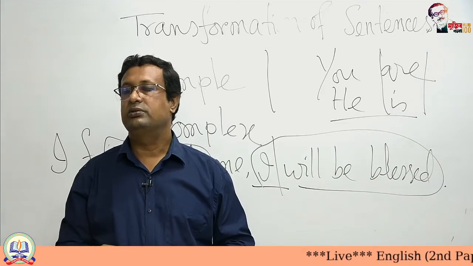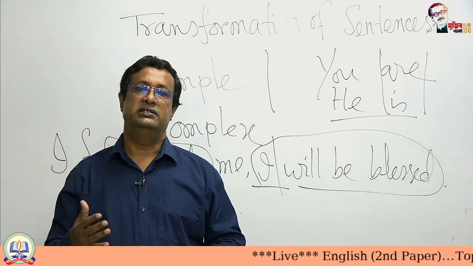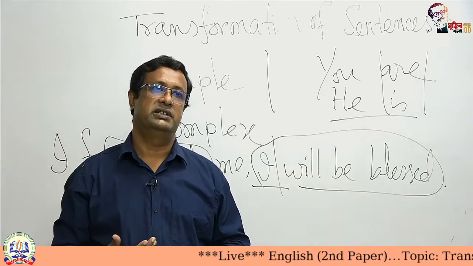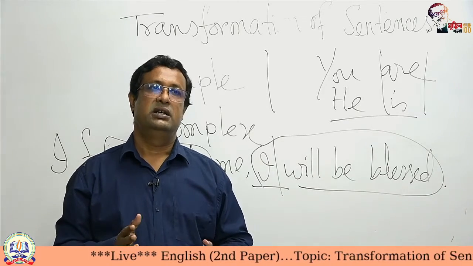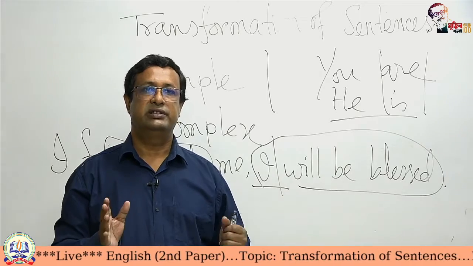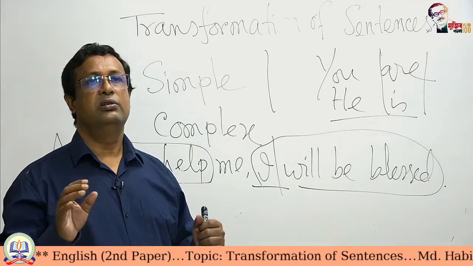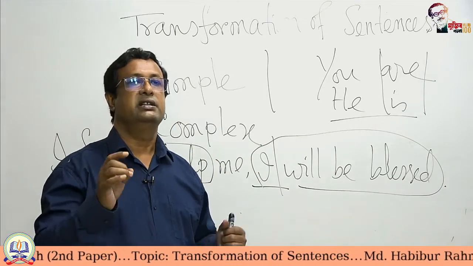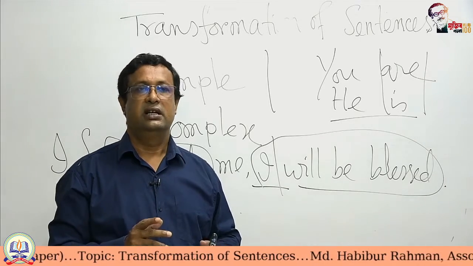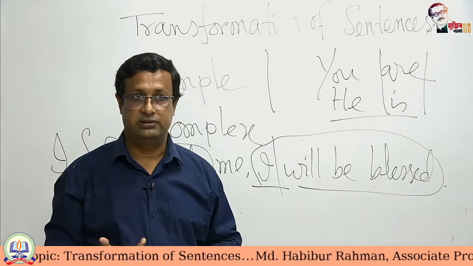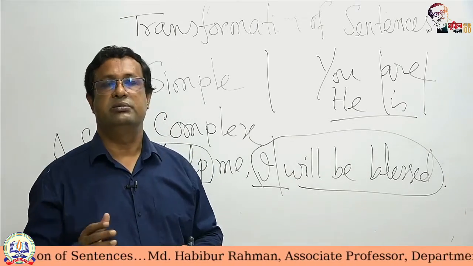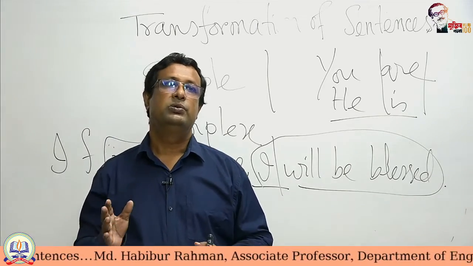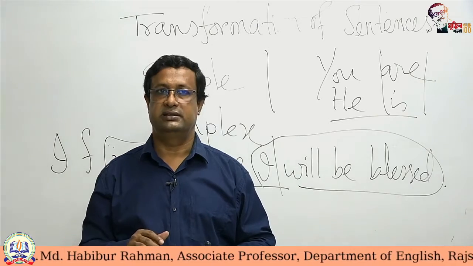So when we want to change any form of sentence, we have to maintain how many clauses or how many finite verbs are here, and what the conjunctions are. On the basis of conjunctions and finite verbs, we name the sentences.